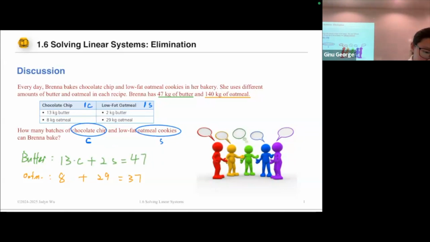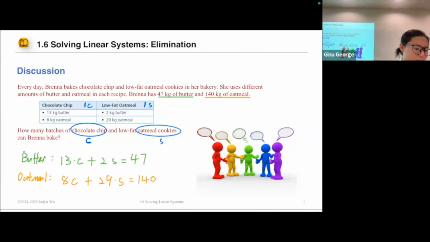Similarly for the oatmeal I have: for each batch of chocolate chip cookies, I will consume 8 times C kilograms of oatmeal, and 29 kilograms for each batch of oatmeal cookies, which will be 29 times S. And I want to use all the oatmeal, so it will be 140 here.